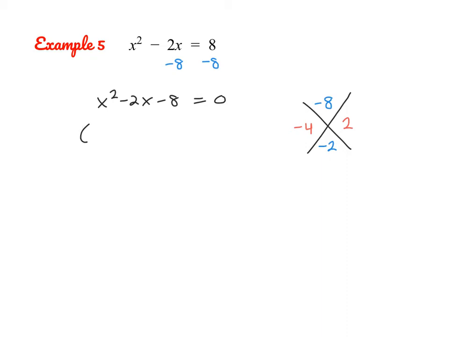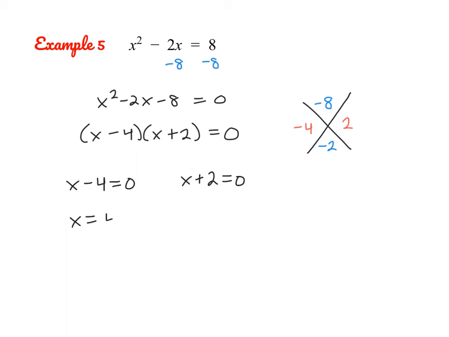Our factors are x minus 4, times x plus 2, and it is still equal to 0. Now we're ready to do the zero product property. We take each factor and separately set it equal to 0. And so here we get x equals 4 and x equals negative 2.